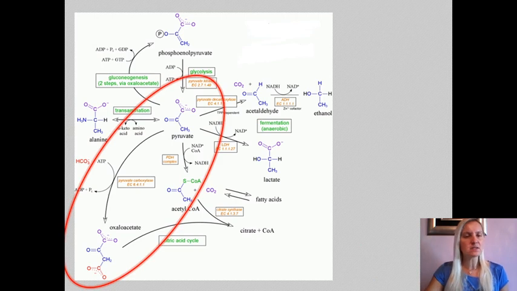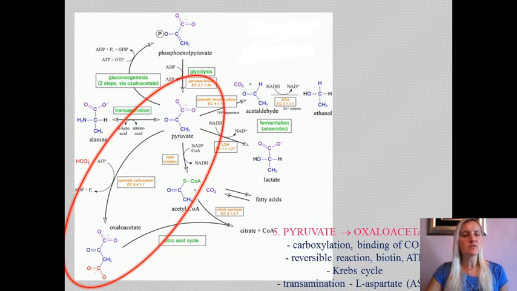Let's move on. This is the 5th pathway: conversion of pyruvate to oxaloacetate. This is the reaction of carboxylation. One carbon dioxide or bicarbonate ion is incorporated into the molecule of pyruvate by the enzyme pyruvate carboxylase. This is also a reversible reaction and requires biotin for its function and ATP for the synthesis of the new chemical bond.